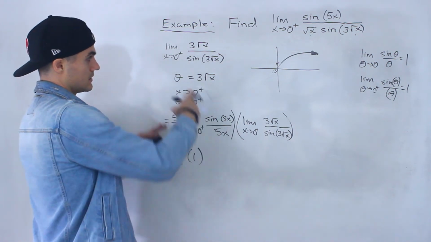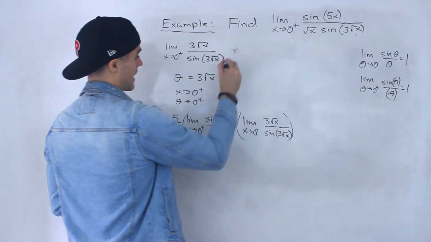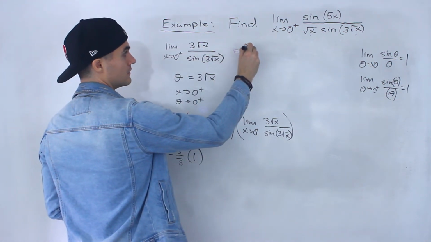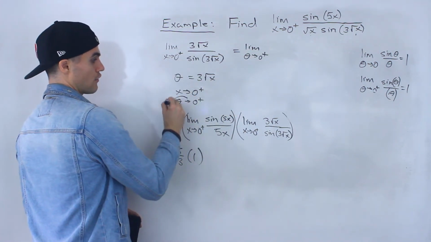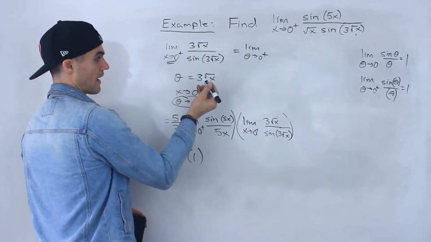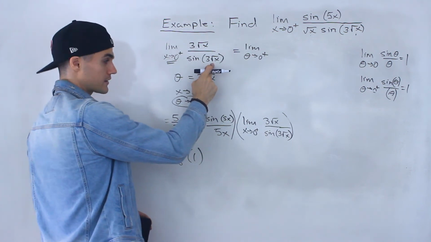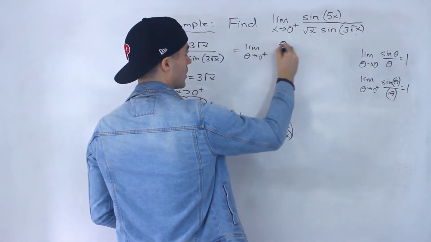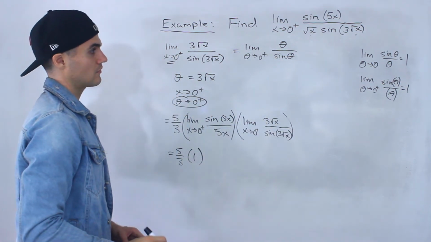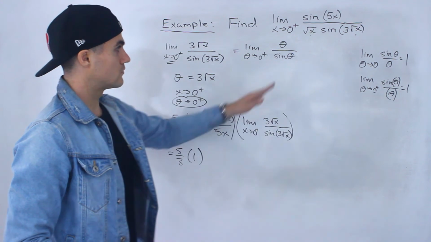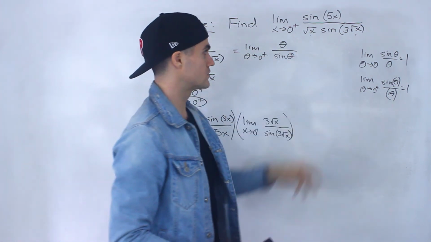Okay, so we can do a substitution now. So basically, we would rewrite this as the limit as theta approaches 0 from the positive side, right? We're subbing in this for that, and then we're subbing in theta for 3 root x and 3 root x here. So we would have theta over sine theta. Now, if you remember from the trig limit lecture videos, this is basically just equal to 1.